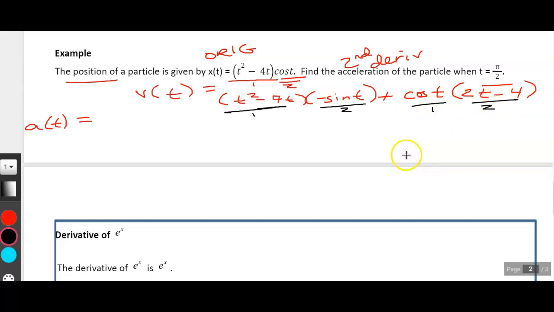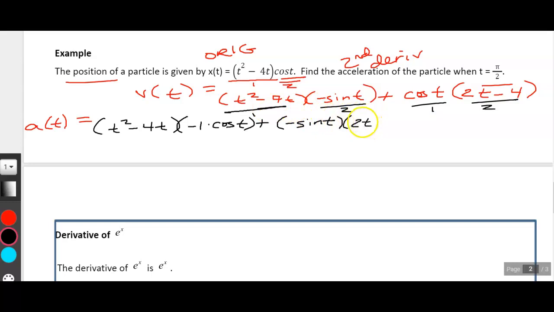So this is a pretty tough question. So our acceleration is 1, the derivative of negative sine, so we get negative 1, and the derivative of sine is cosine. 1d2 plus 2d1, and d1 is going to be a power rule, so 2t minus 4.